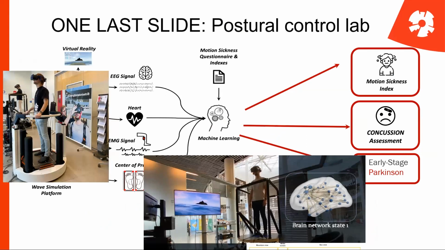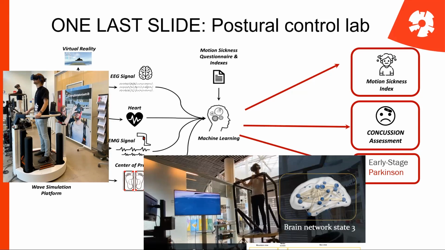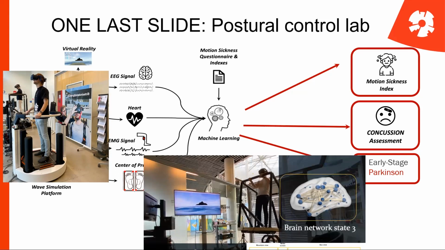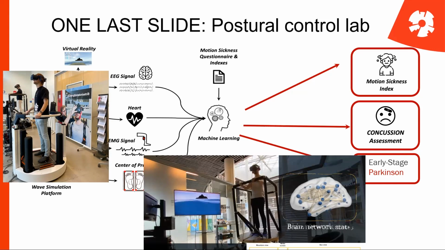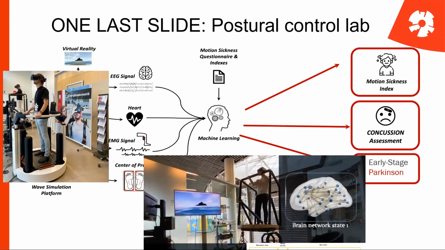My last slide. It's a little bit off topic compared to the imaging, but I like to tell you about our lab on postural control, because this is probably a unique lab in Europe, but probably in the world, where we use a moving platform and virtual reality and measure electroencephalography, heart rate variability, electromyography, and center of pressure while we give the subject a simulation where he has to adapt his postural control.